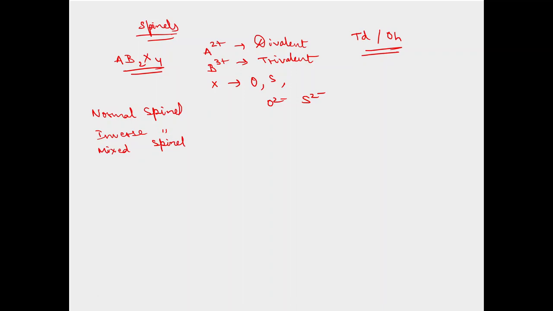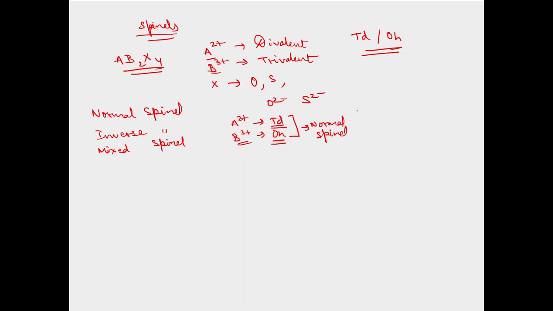This depends on whether A2 plus and B3 plus are present in the tetrahedral void or octahedral void. If A2 plus, the divalent cation, is present in the tetrahedral void, whereas B3 plus, the trivalent one, is present in the octahedral void, then we get a normal spinel structure.